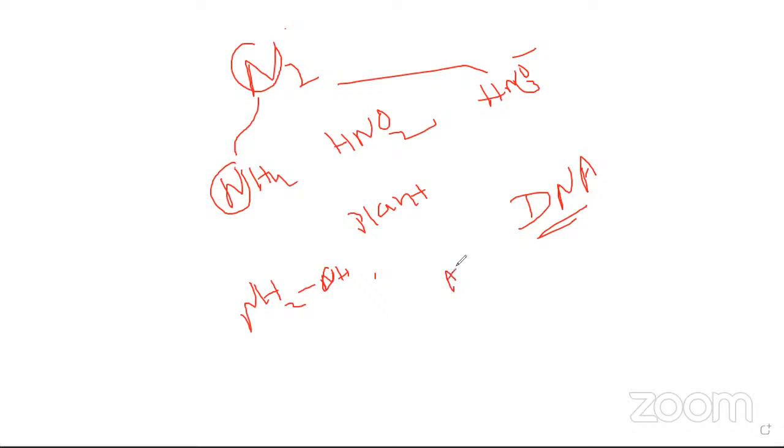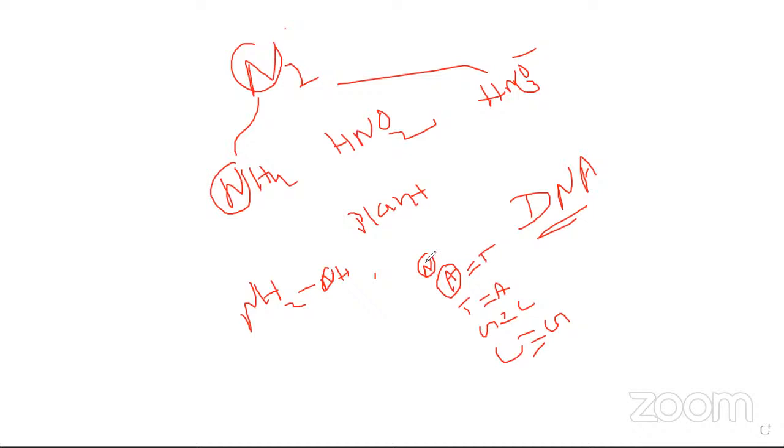Nitrogen bases are adenine, thymine, guanine, cytosine. So these are the nitrogen bases. In nitrogen bases, nitrogen is the main part. And it is also present in enzymes.